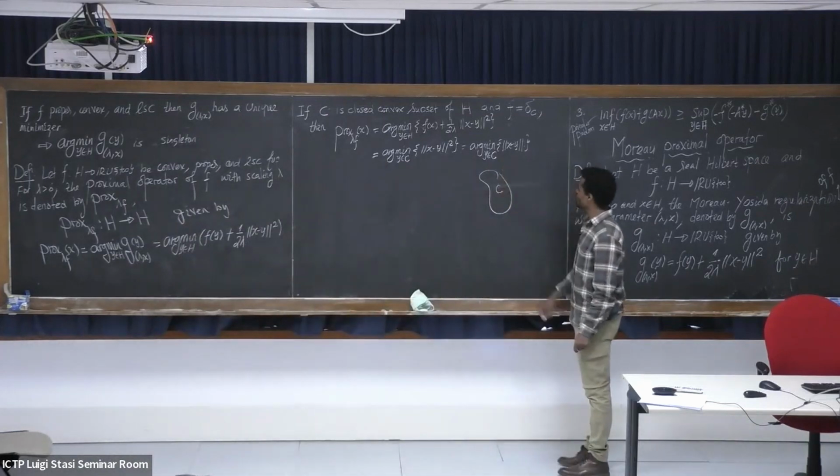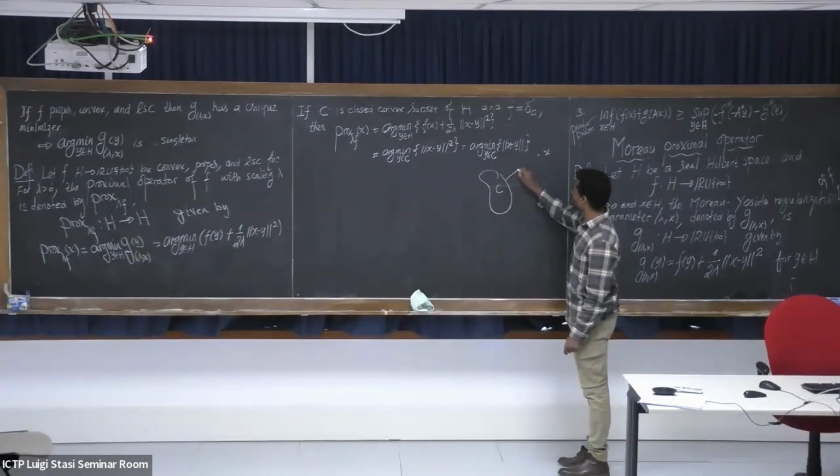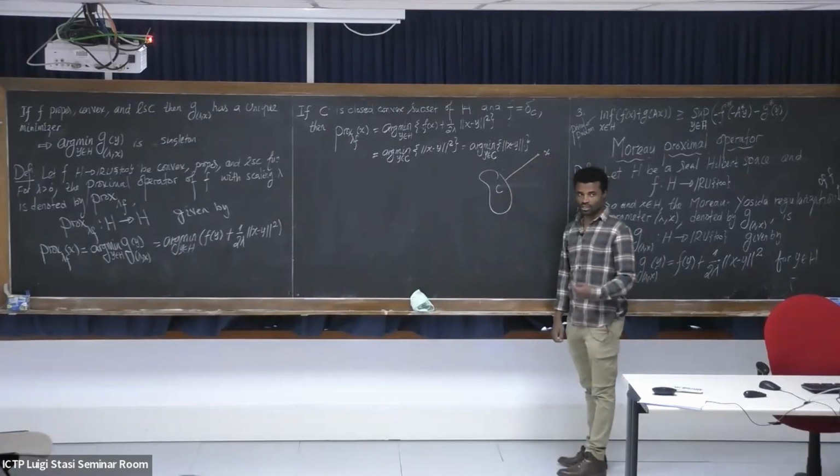If we have C, the proximal operator of this one is, if C is closed, the smallest distance.